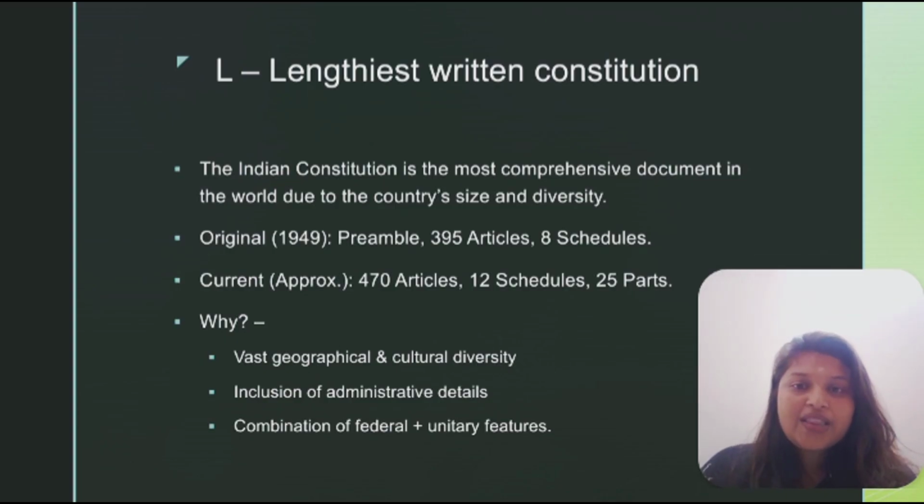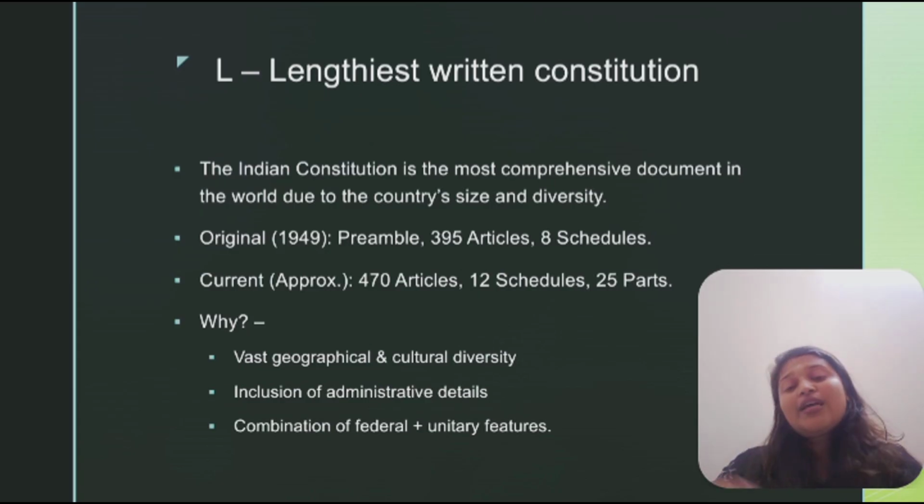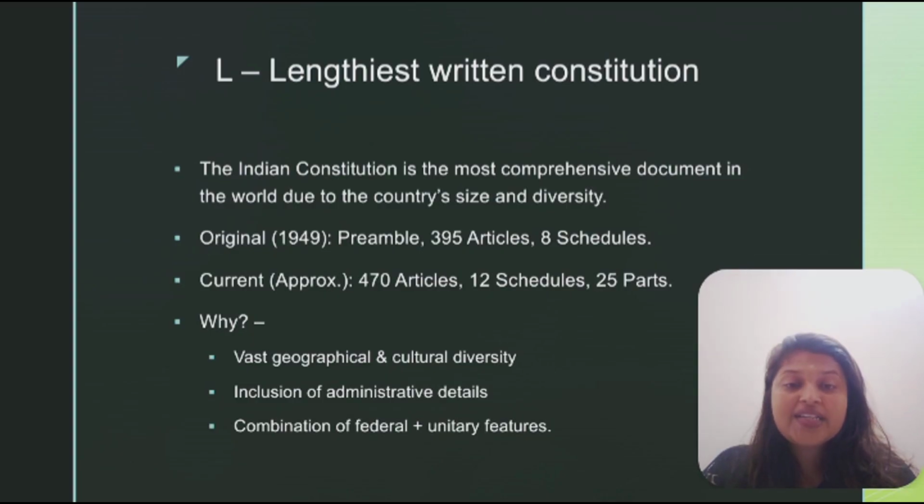Also, the vast geographical area and inclusivity of administrative detail contribute to this, right? Originally we had 395 articles and now we have 470 articles. How? Due to the amendments, the addition of articles that we made to our constitution in order to insert the needed provisions, right?